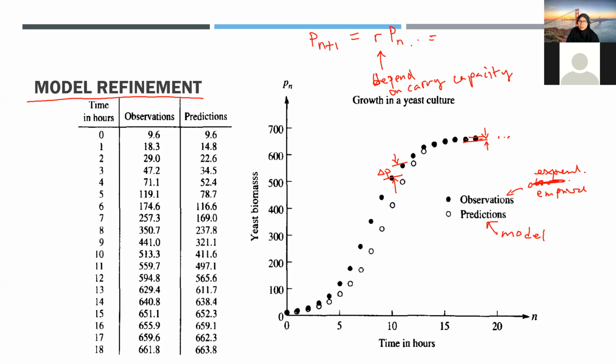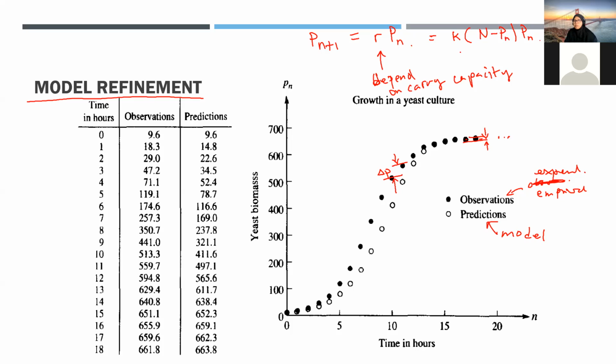So the R right now is something like K minus the carrying capacity. Let's use, I'm going to use N minus Pn times Pn.